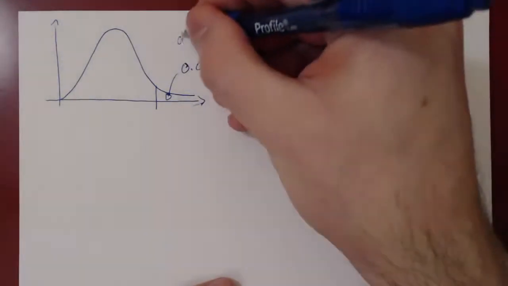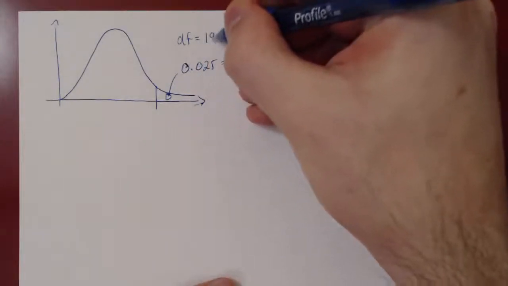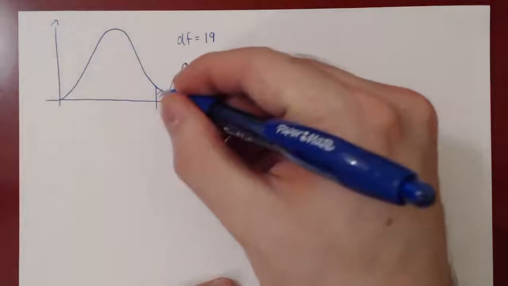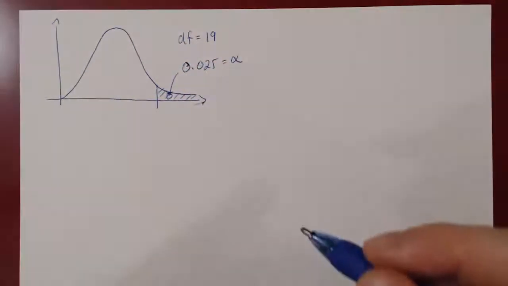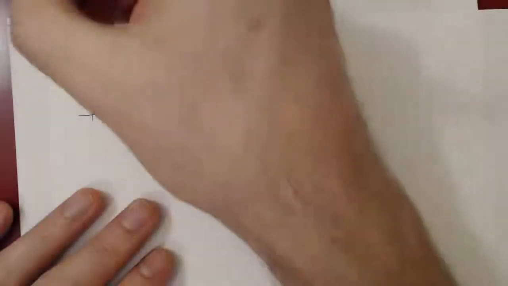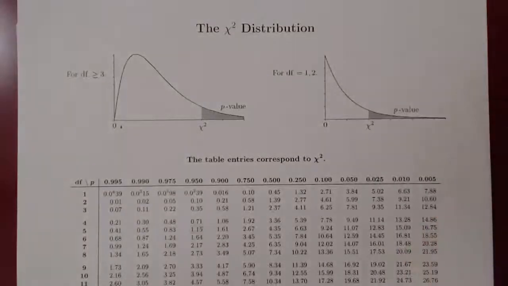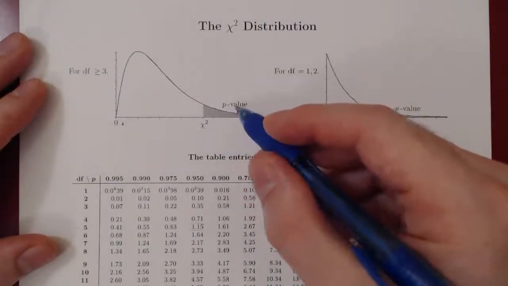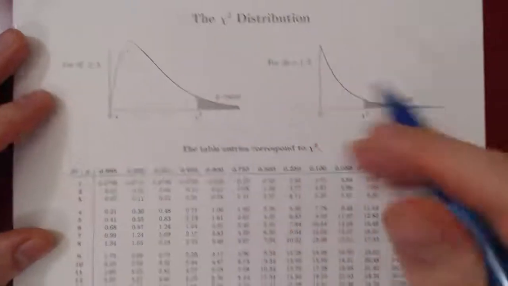We had 19 degrees of freedom, and now we want to find the cutoff point here, the value of chi-squared. This is our solution to part B. We will read this off in our table of the chi-squared distribution. We want the value of chi-squared given a p-value of 2.5% and 19 degrees of freedom.